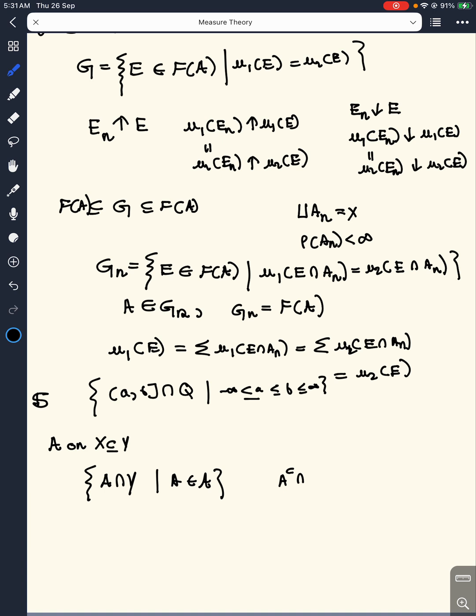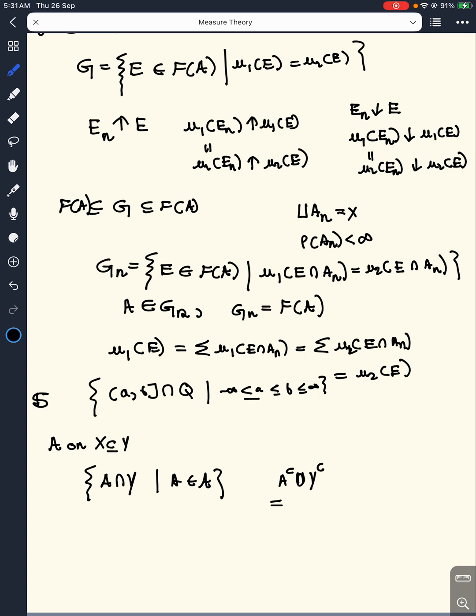So A complement intersection Y, so this is A complement union Y complement. A complement is there in the sigma algebra.